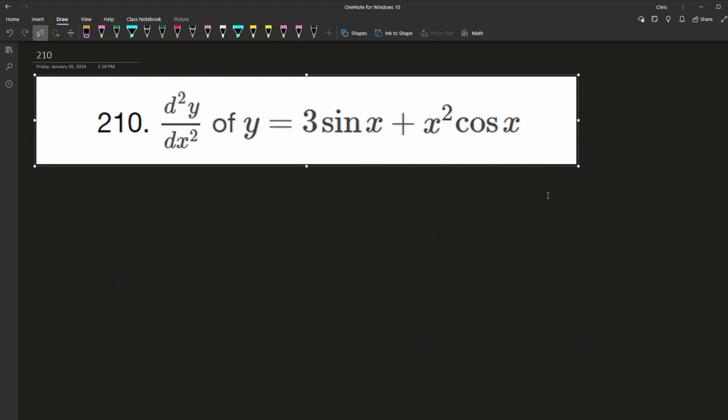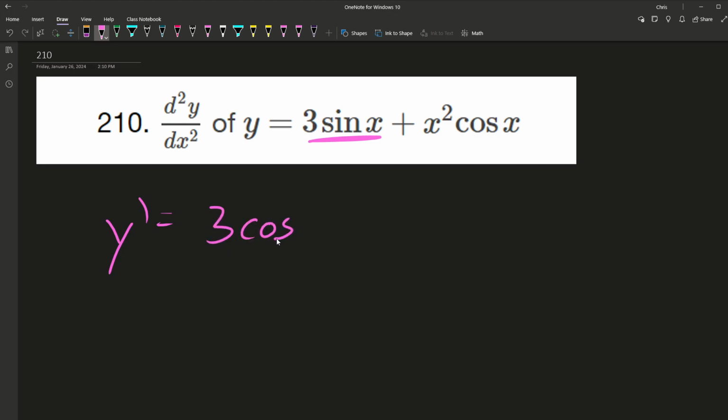This is question 210 from section 3.5. Here we're asked what the second derivative of the given function is. So we need to start this out by finding what the first derivative of this is, what y prime is. We can take the derivative of this first part all by itself.